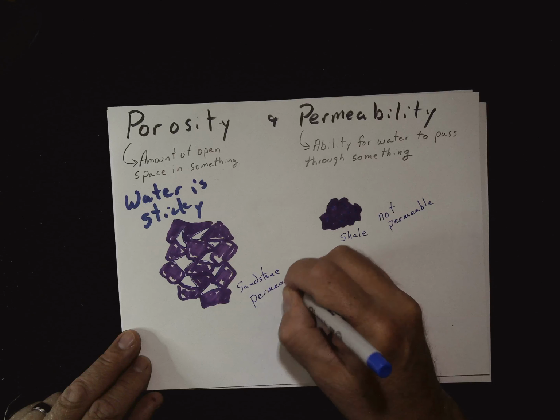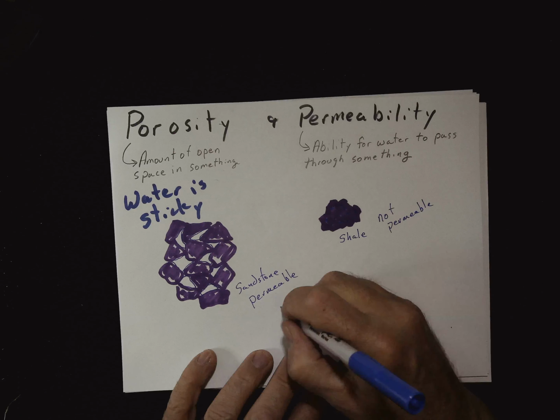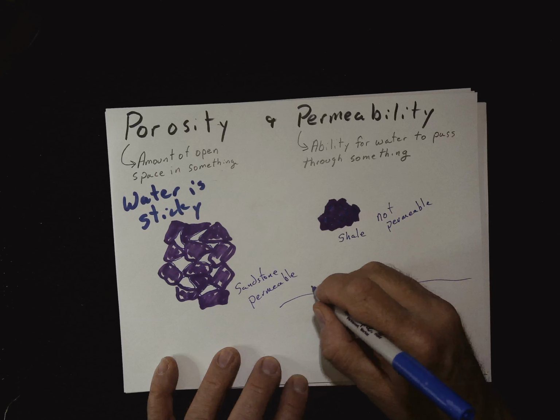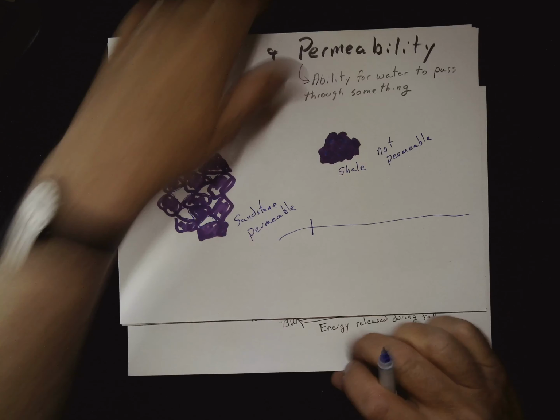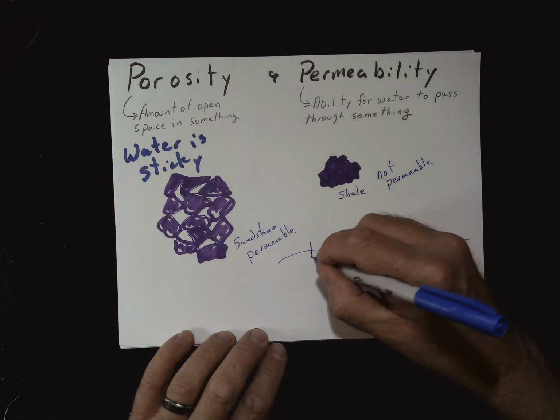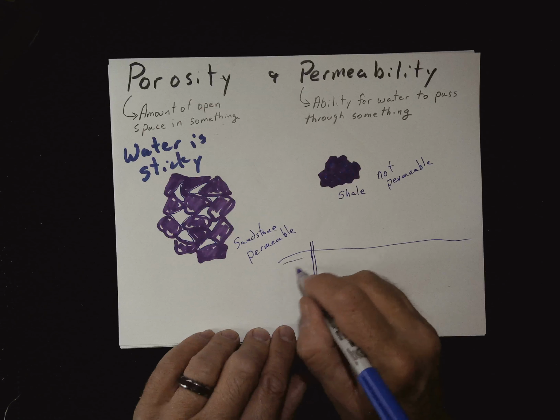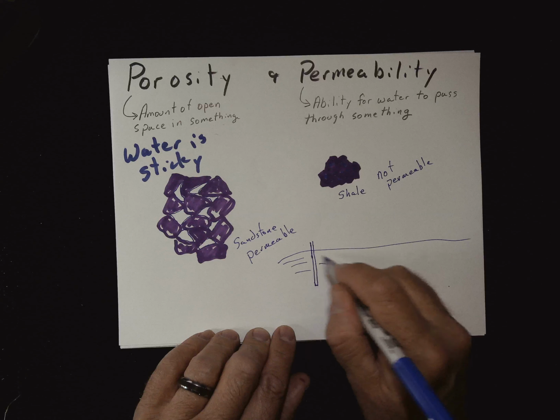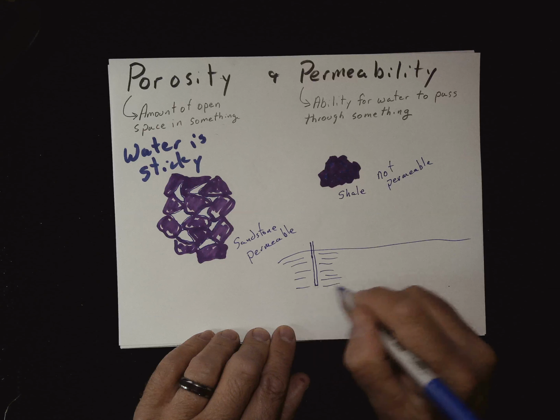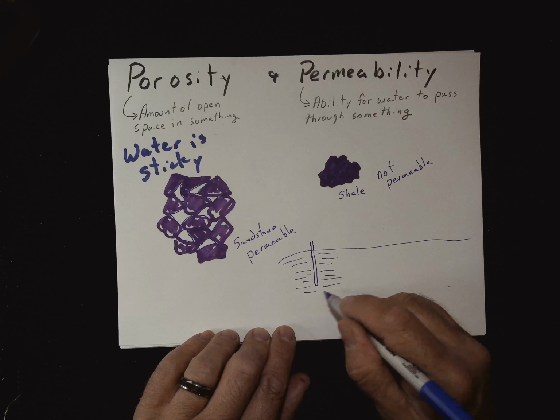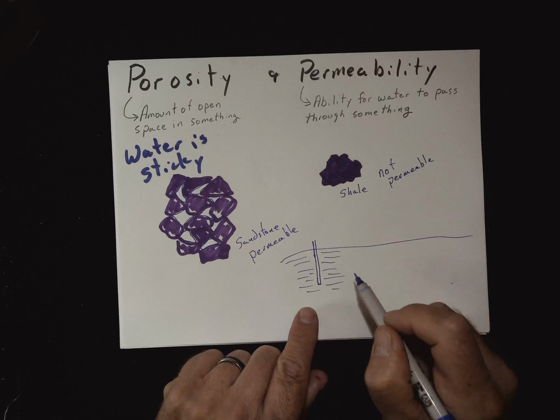Okay, so if you drill a hole, if you have the ground here, and you drill a well, if the ground is all made of our good friend shale, the only way you're going to be able to get any water out of that is if the shale is cracked. Now, fortunately, shale is often cracked and water flows through there.